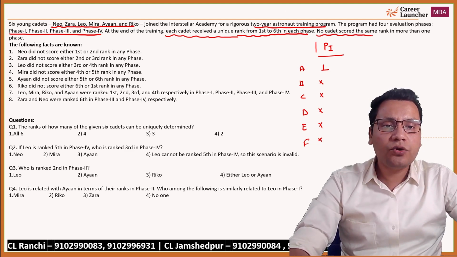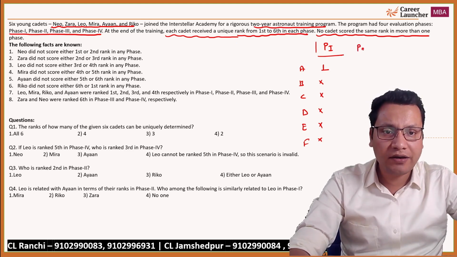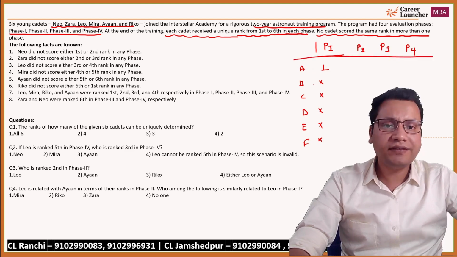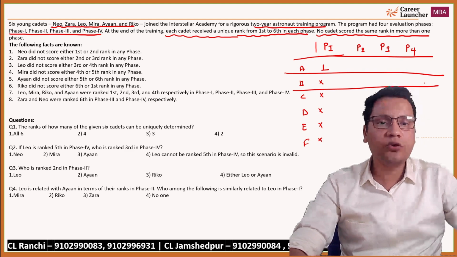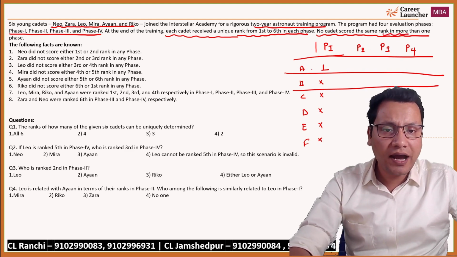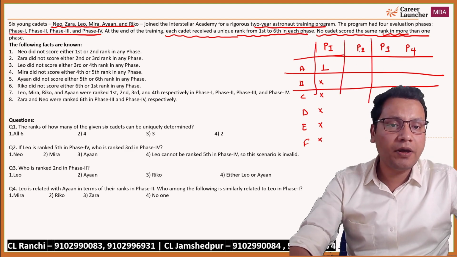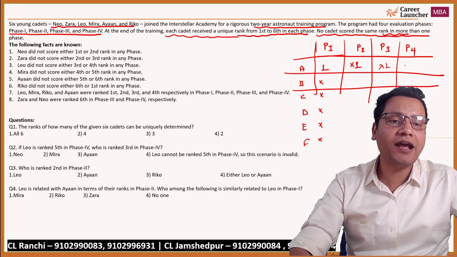Now, no cadet scored the same rank in more than one phase. If we have phase 1, phase 2, phase 3 and phase 4, and let's say the cadets A and B, then if A got rank 1 in phase 1, A cannot have rank 1 in phase 2, phase 3 or phase 4.